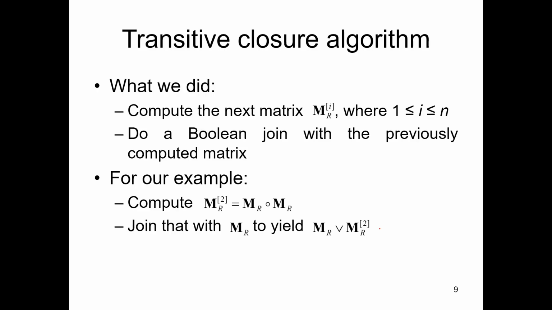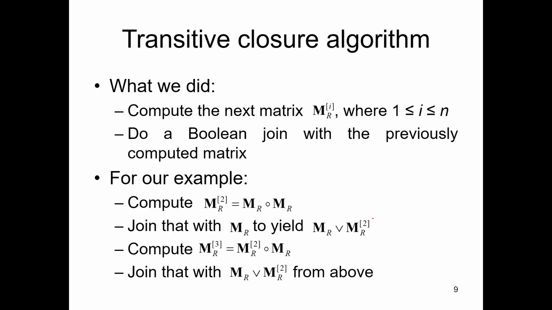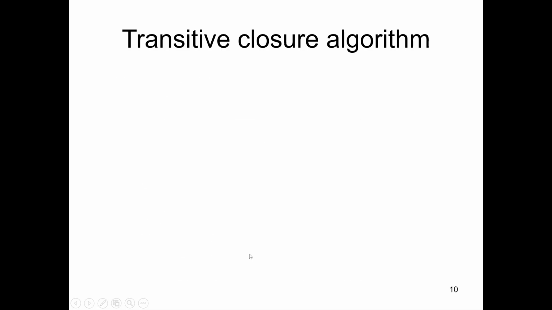Instead of going for MR cube, first we joined it there itself. So MR join MR square. And then we again computed MR cube, which is MR square Boolean product MR. And then we took the join, and we could have stopped there when we found that MR cube is exactly the same as MR square. So there is no point in taking the join with MR cube because it's the same as MR square.